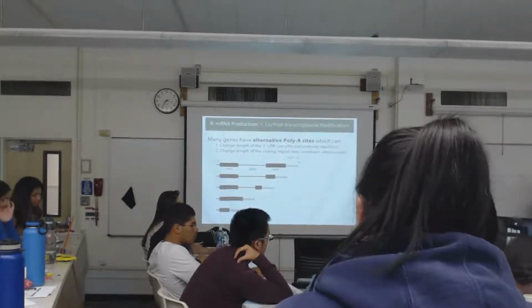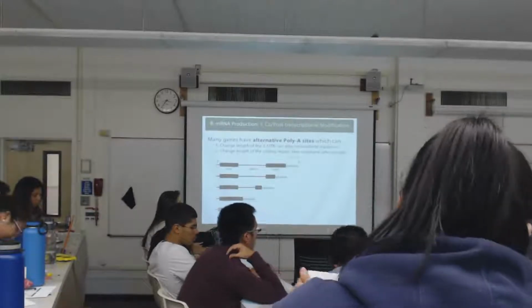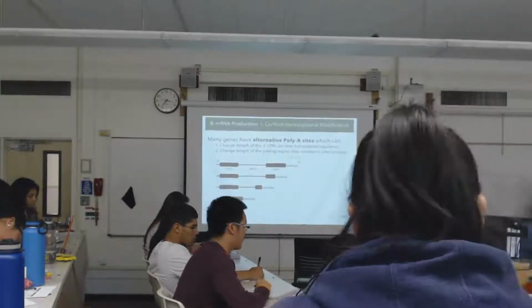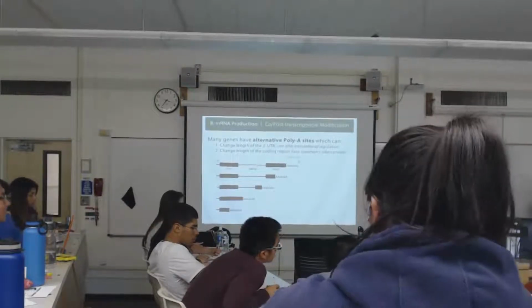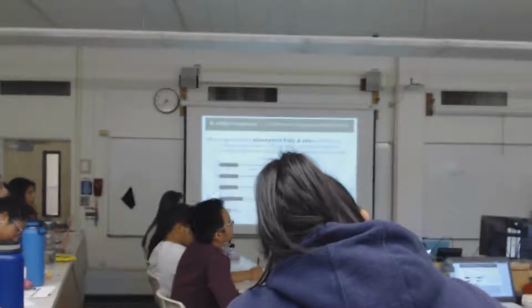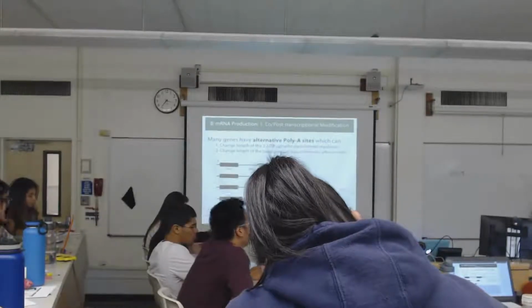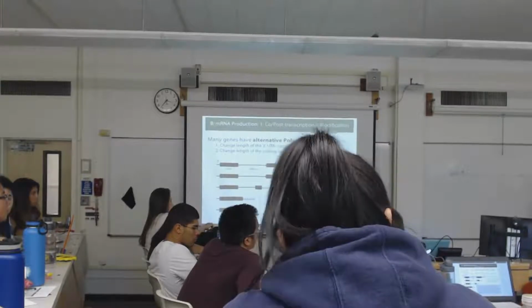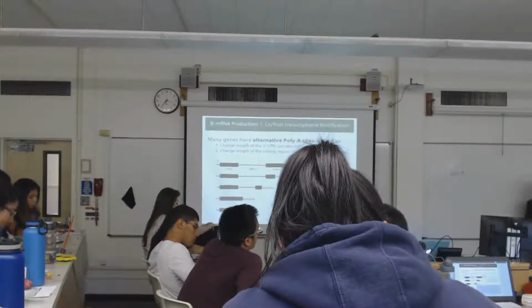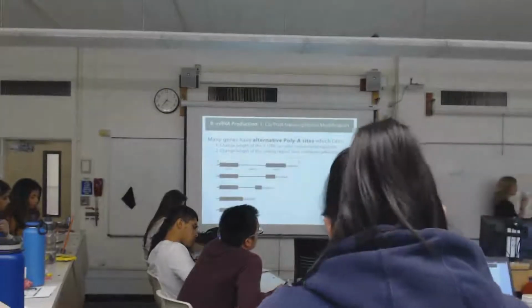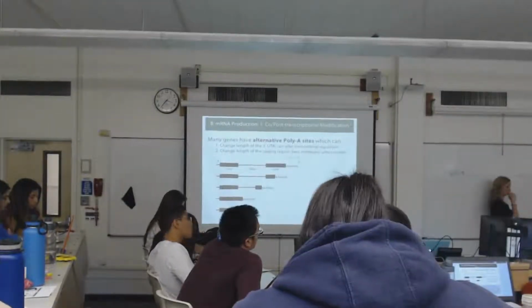Okay, so let's say we have a site here where we can have a translational inhibitor, right? So when this protein binds to this site right here, it inhibits translation, right?